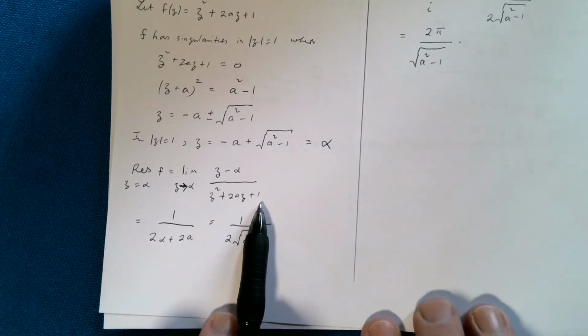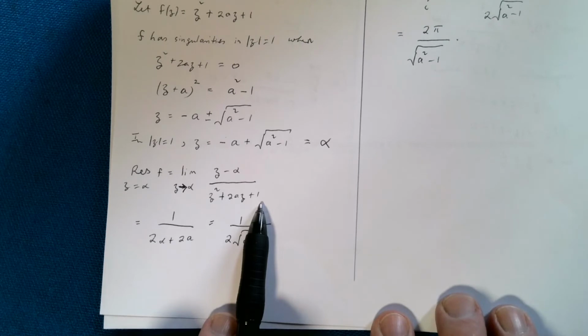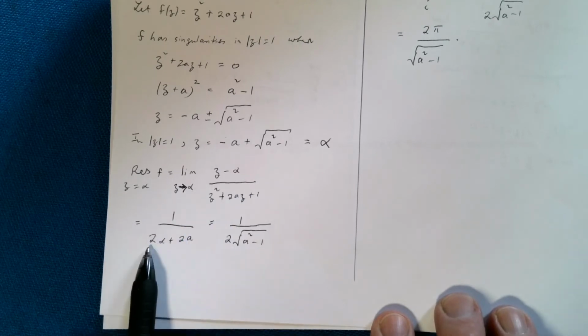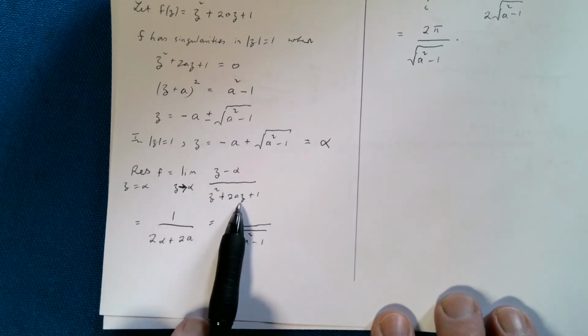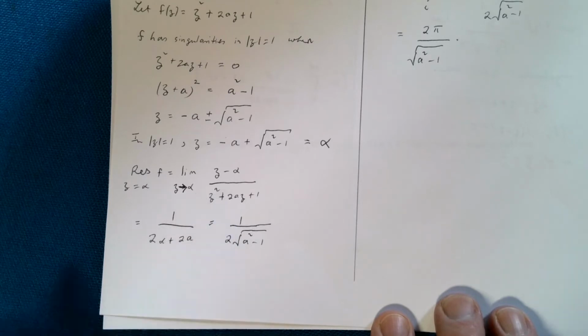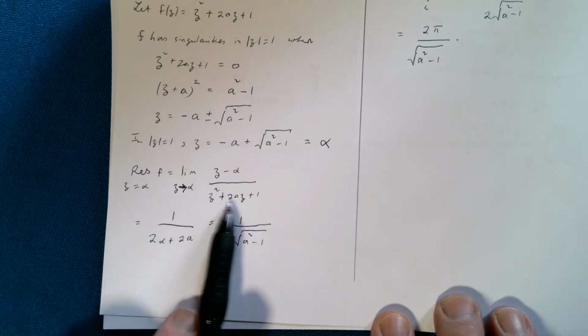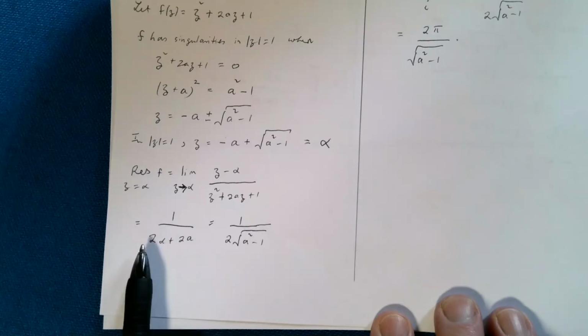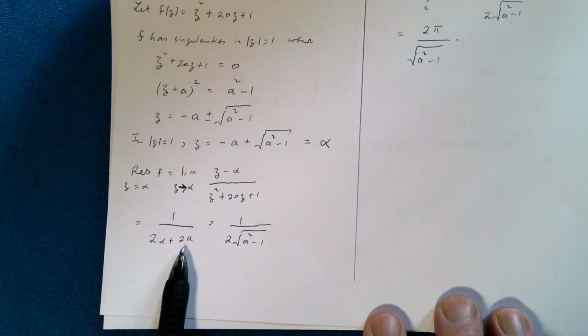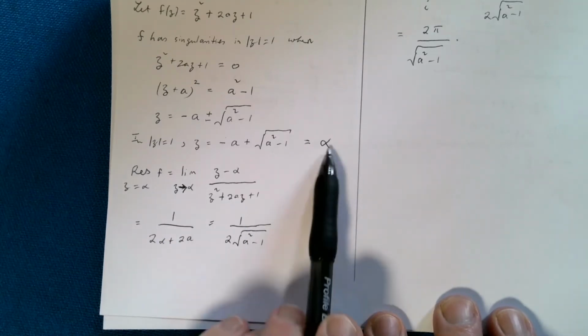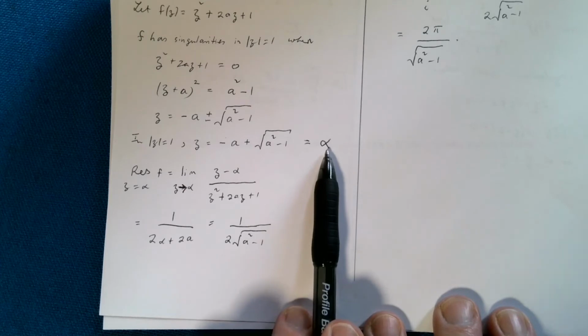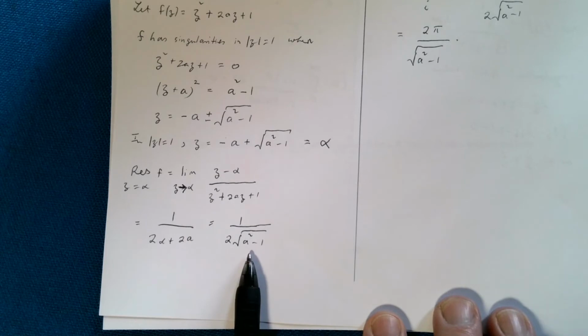Again, you let L'Hopital do all the work, so you just differentiate the top, differentiate the bottom, you get 2z plus 2a, you put z as alpha, you get 2 alpha plus 2a. Now alpha, of course, was back here, so the 2a's cancel and I just get twice the square root here.